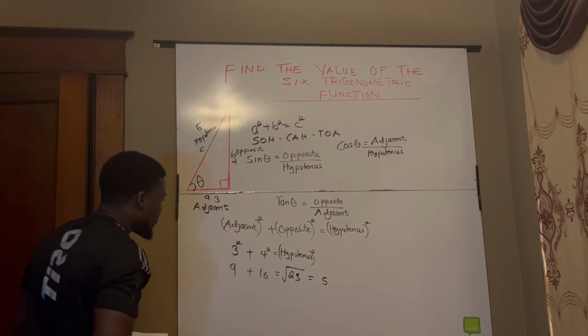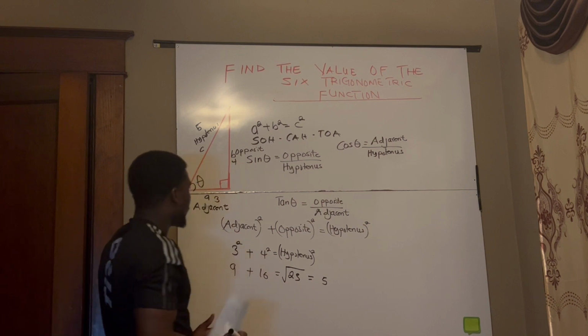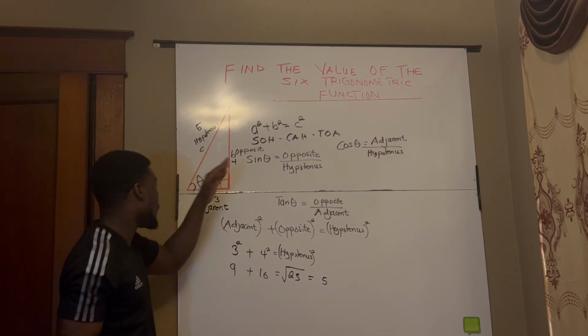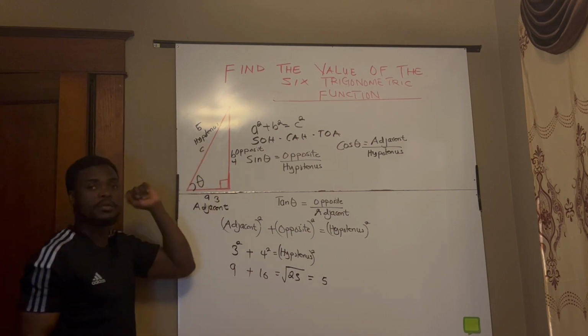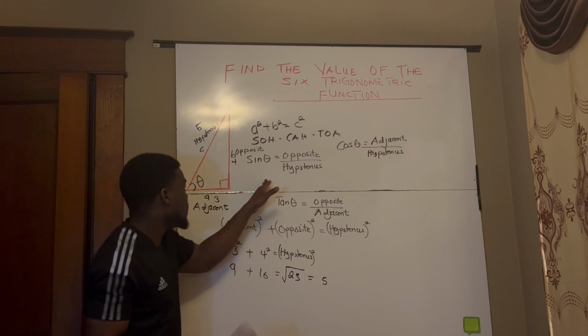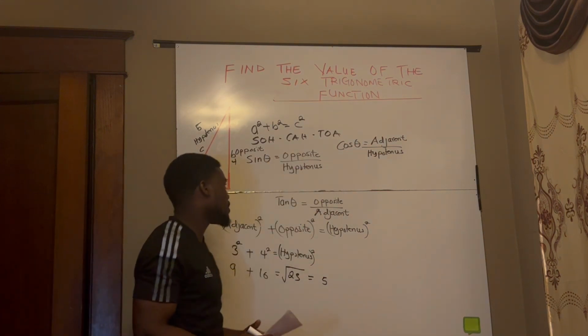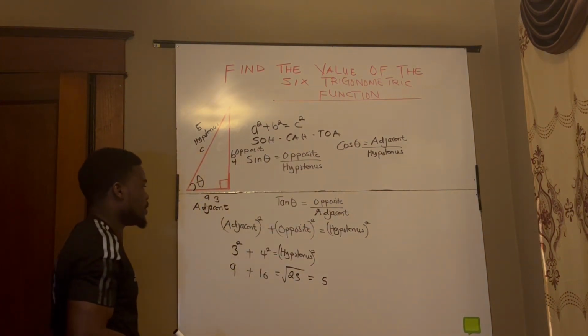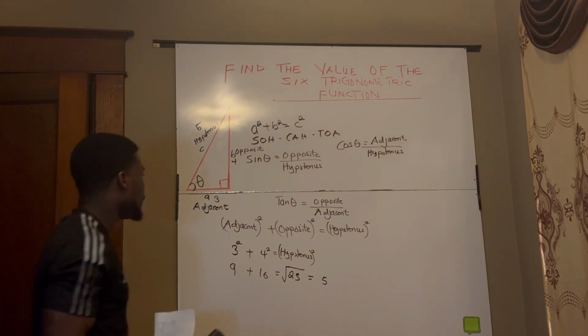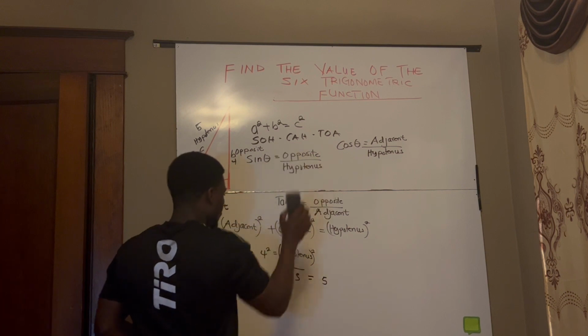So now we have our adjacent, which is 3, our opposite is 4, and our hypotenuse is 5. We have the 3 trigonometric functions, and we are going to look at the other 3.